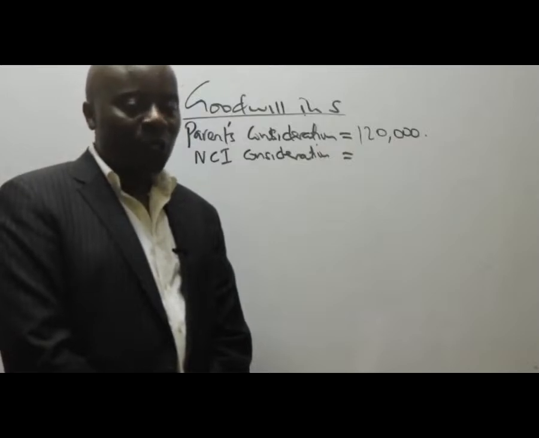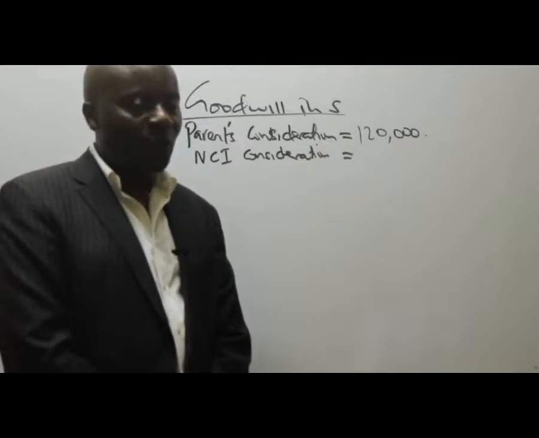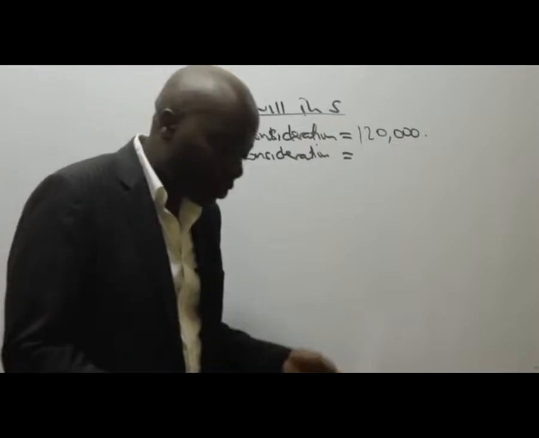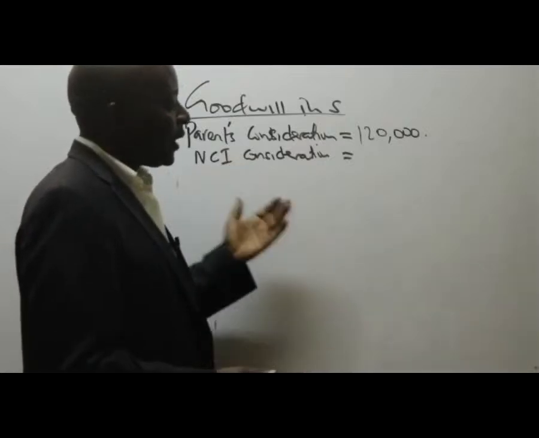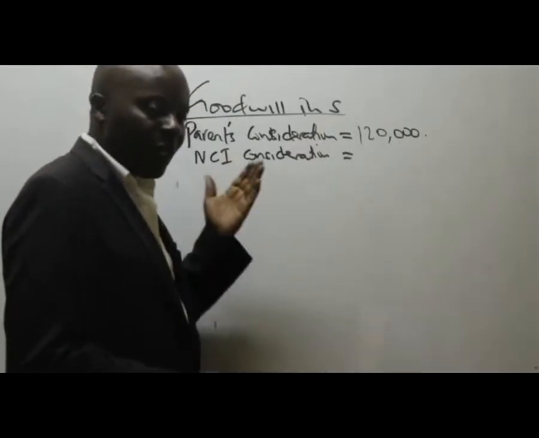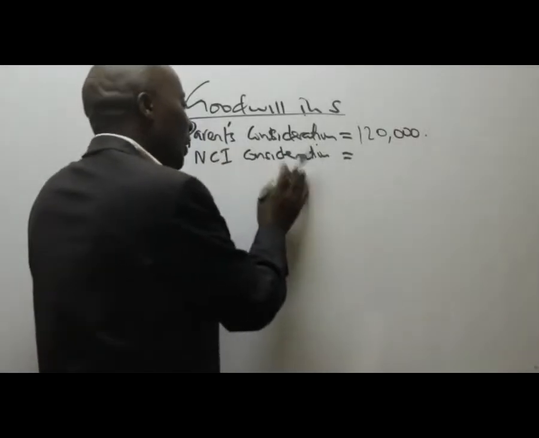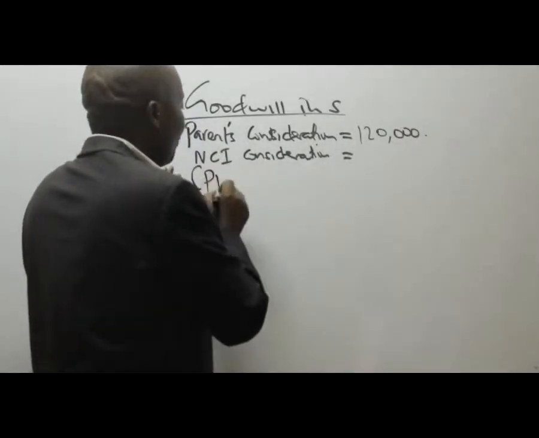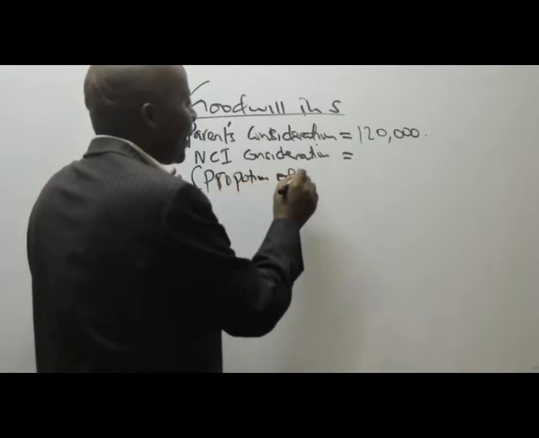We are used to situations where the examiner gives us the value of NCI. Here NCI has not been given, and IFRS 10 is very clear: whenever the NCI's figure is not given, use the proportionate method.